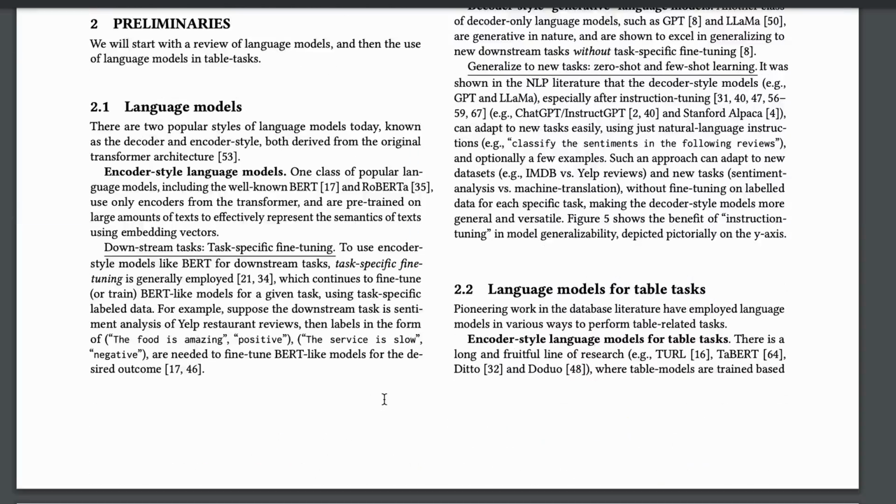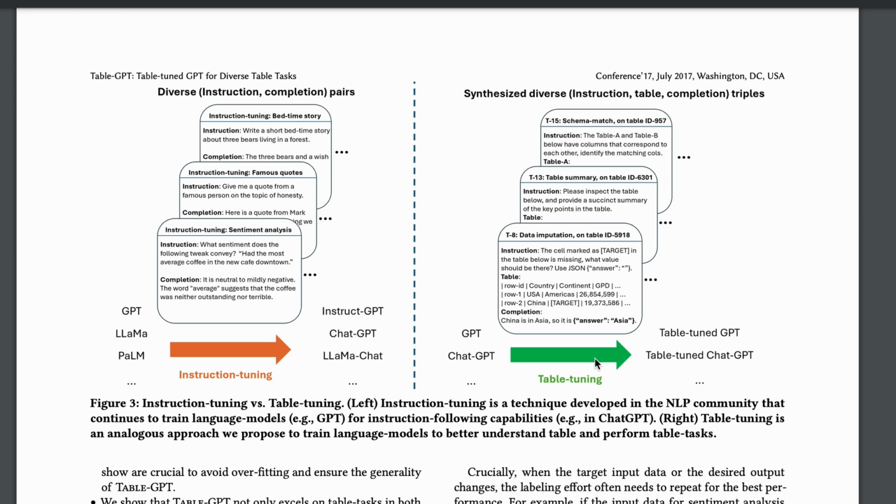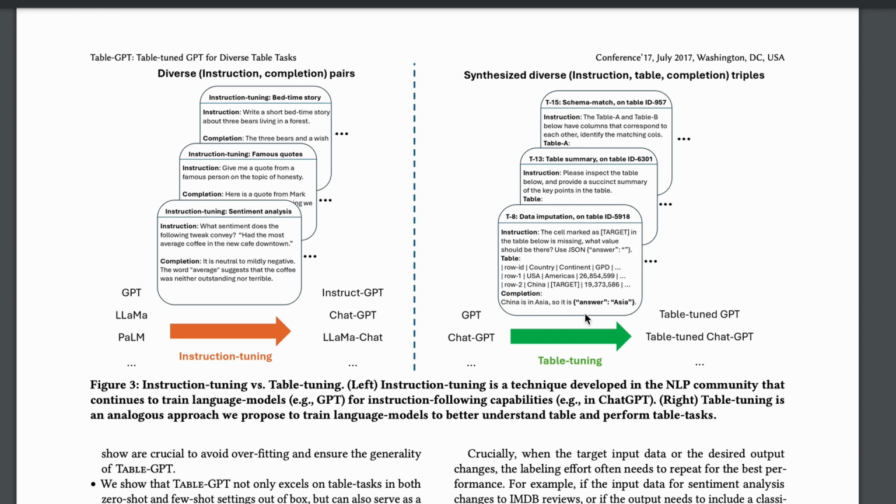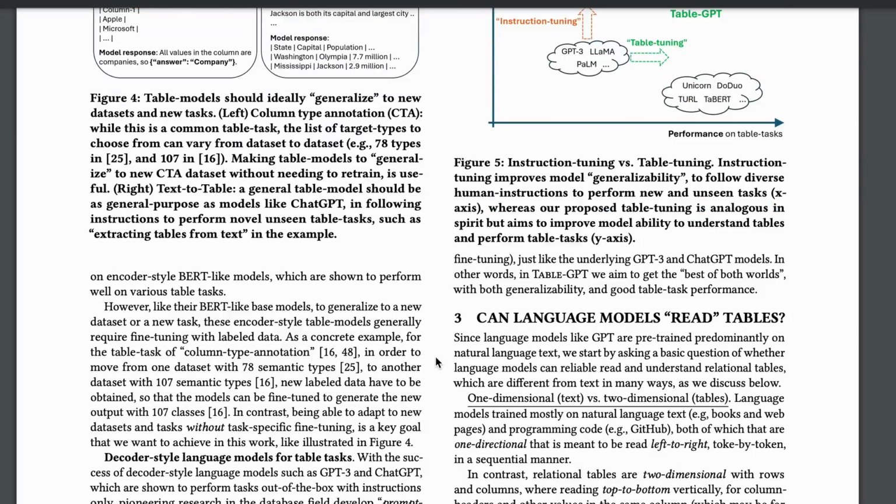Especially if you go see what they have managed to do, you can see that they have done a comparison between instruction tuning and table tuning, and then see how the final response is. You can see some demos here, for example how table tuning improves the model's understanding of tabular data, which inherently is text data in itself, and how it does better in giving the output.